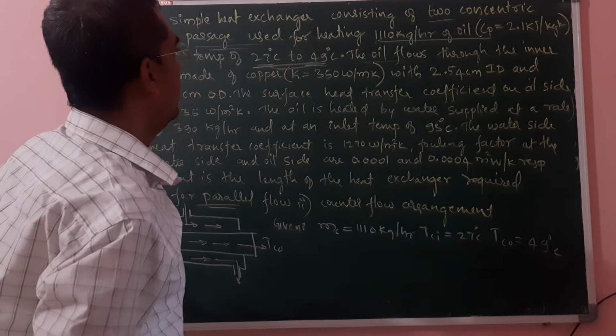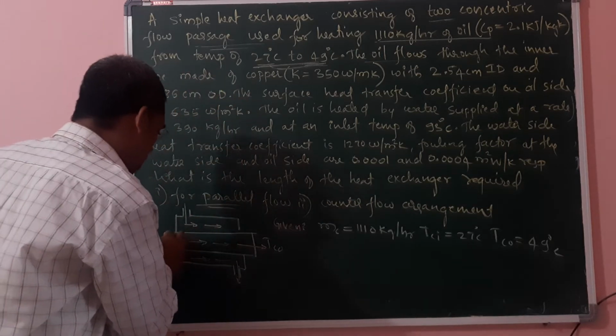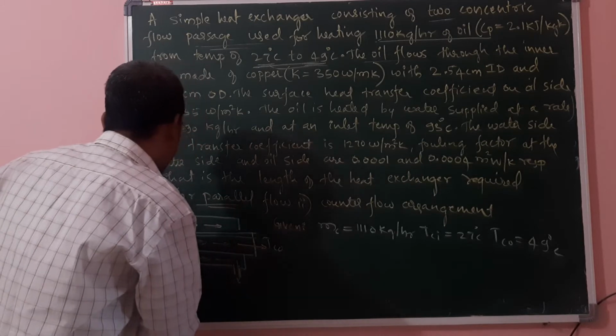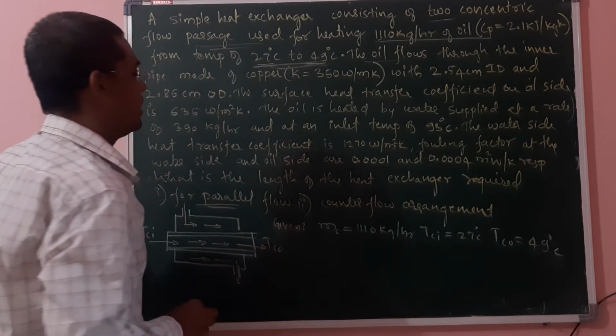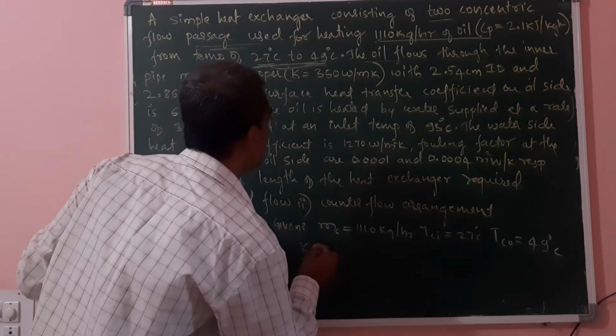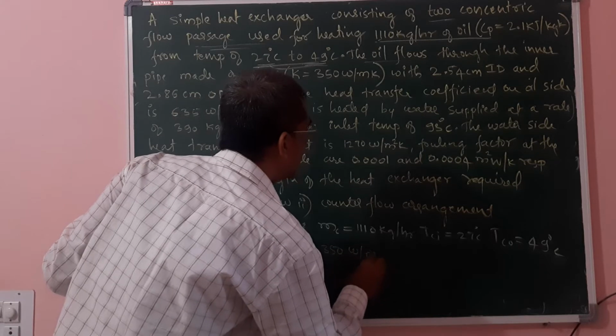Oil is flowing through a copper pipe, in the inner pipe here. Its internal diameter and external diameter have been given. Thermal conductivity K of the copper pipe is equal to 350 watt per meter Kelvin.